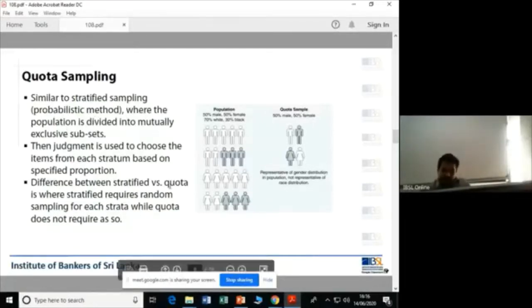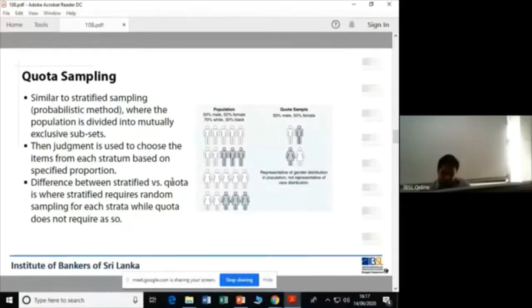Again, let's continue on the slides. So we are trying to divide our population into mutually exclusive subsets. That means one data point cannot sit on 2 subsets at the same time. Okay.